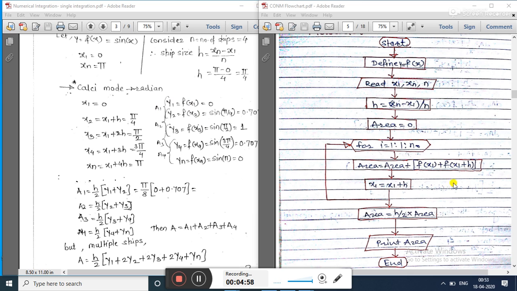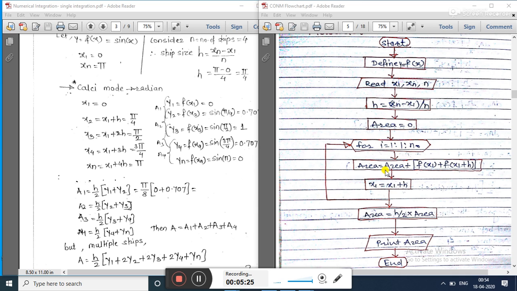So y1 plus y2 is the next area. The next strip starts with y2, y3, which means we require x2, x3. So x1 is replaced with x1 plus h. x1 plus h is nothing but x2. So right now x1 is replaced with x2. The loop is closed, incremented by 1, I is right now 2.